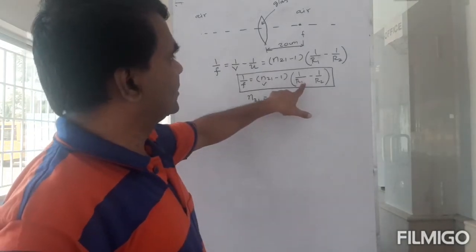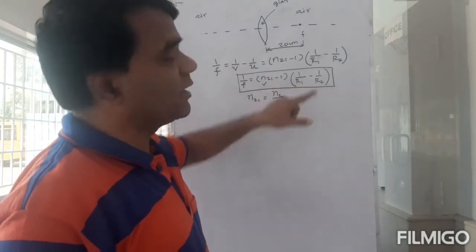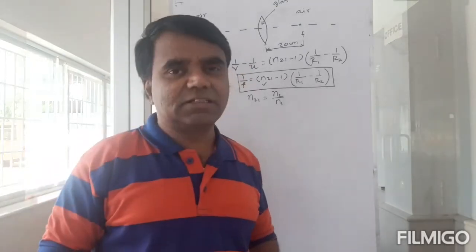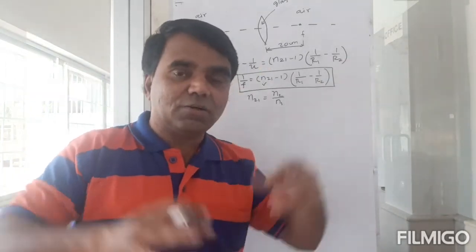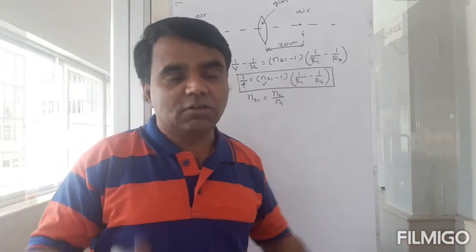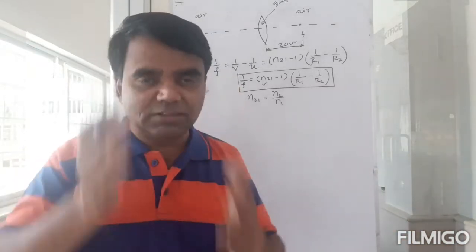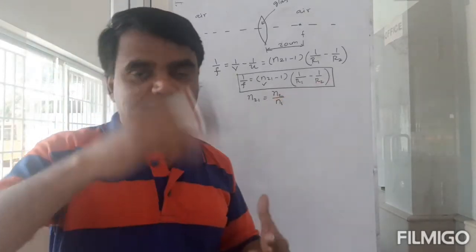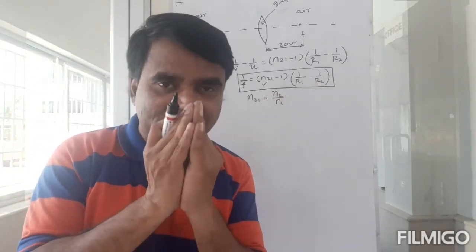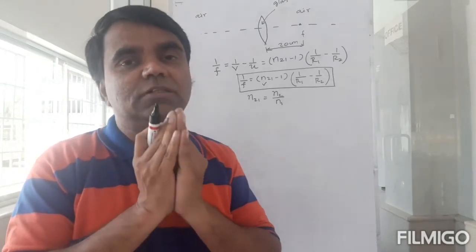What about 1 by R1? That's the radius of the lens. Does it change? No, it won't change. Once you made the lens, whether you keep it in air or in water or in kerosene or in petrol, the radius of that lens will be the same. R2 also will remain the same because you made the lens with those R1 and R2.